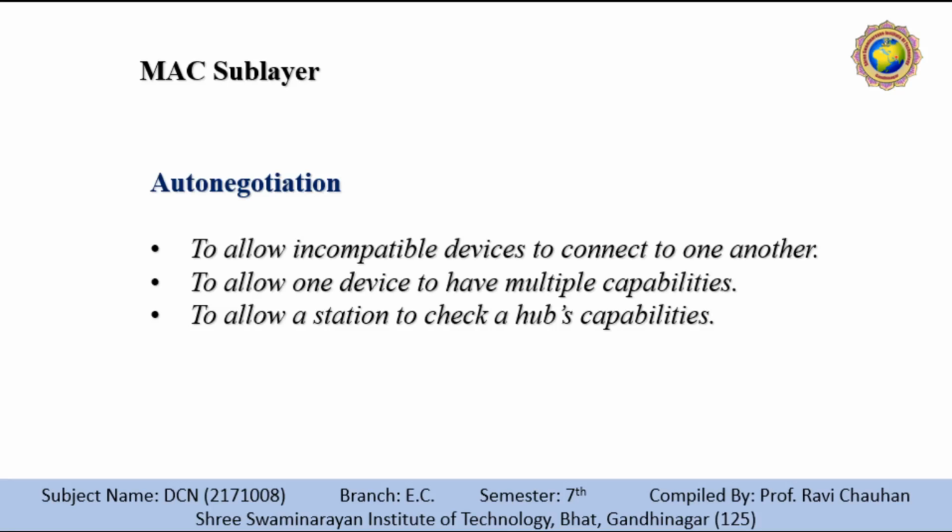It is designed to allow incompatible devices to connect to one another. It is also used to allow one device to have multiple capabilities, and to allow a station to check a hub's capabilities. So there are some useful purposes for this auto negotiation feature.